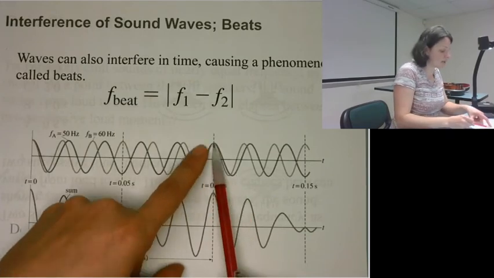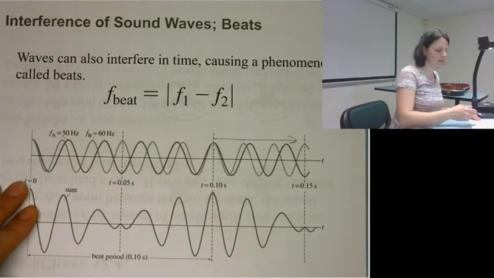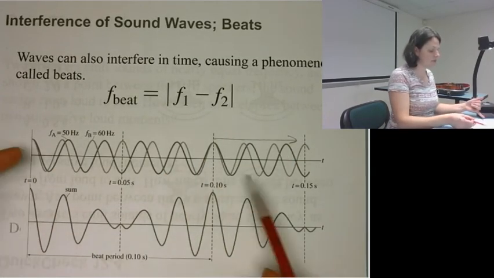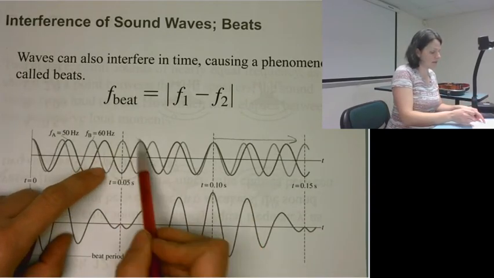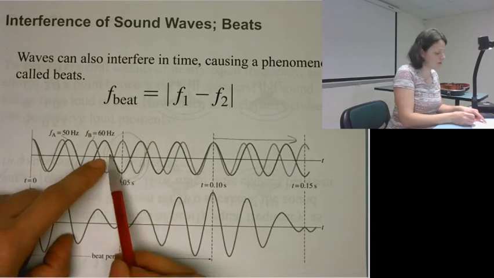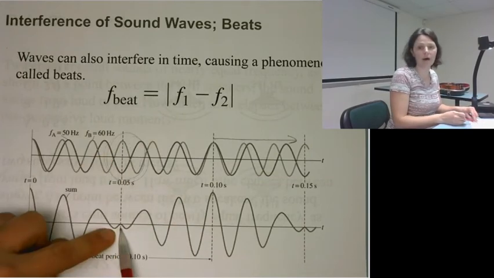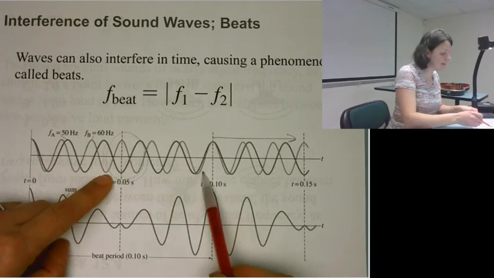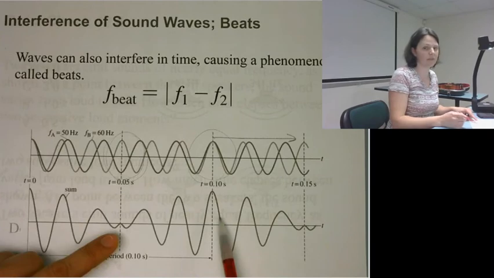It looks like the darker colored one is a little bit longer wavelength than the lighter colored one. And they're both traveling waves, so they're traveling to the right, and there's these regions where they overlap and they almost completely cancel each other out. Okay, so this is a region, the time when they destructively interfere. So that's when we hear quiet. Whereas over here, that's a time when they constructively interfere, so that's when we hear it loud.